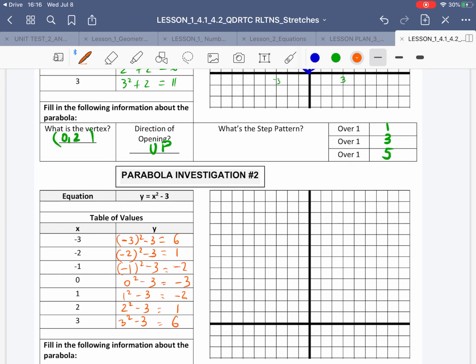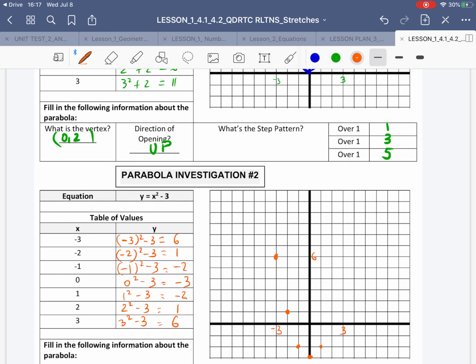So we're going to quickly draw the graph of this parabola. When x equals negative 3, y is 6. 1, 2, 3, 4, 5, 6 here. When x is negative 2, y is 1. At x equals negative 1, y is negative 2. And when x equals 0, y is negative 3.